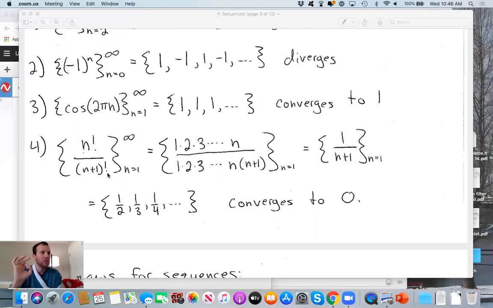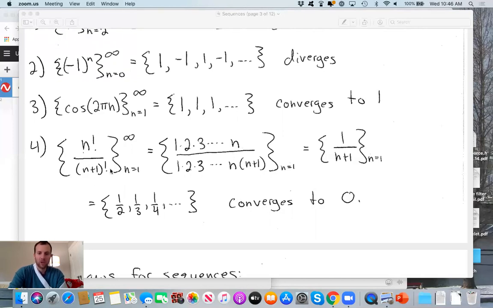the way that can help you understand factorials inside sequences is to write out what it actually means. So write it in terms of the multiplication that's happening. So n factorial, what that means is start at 1 and keep multiplying the numbers until you get to n. 1, 2, 3, 4, 5, so on up to whatever n is.